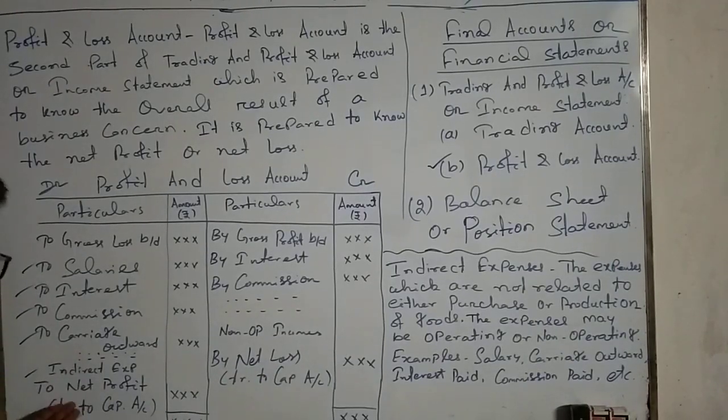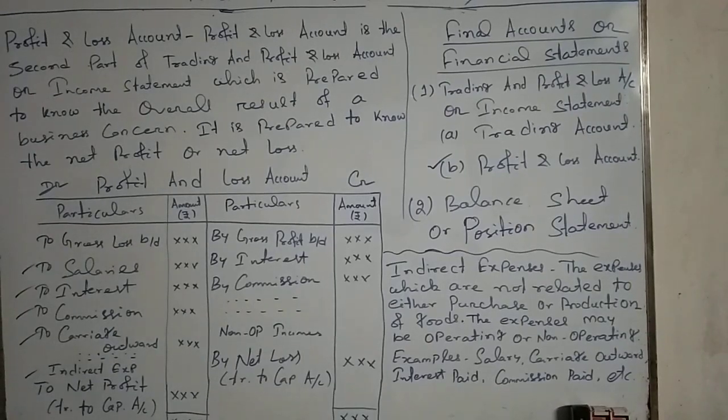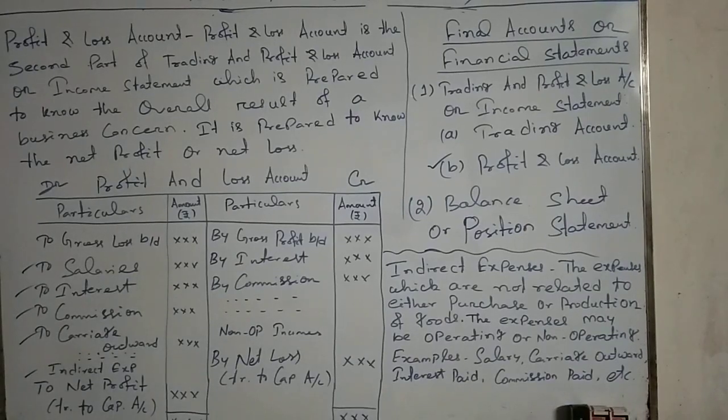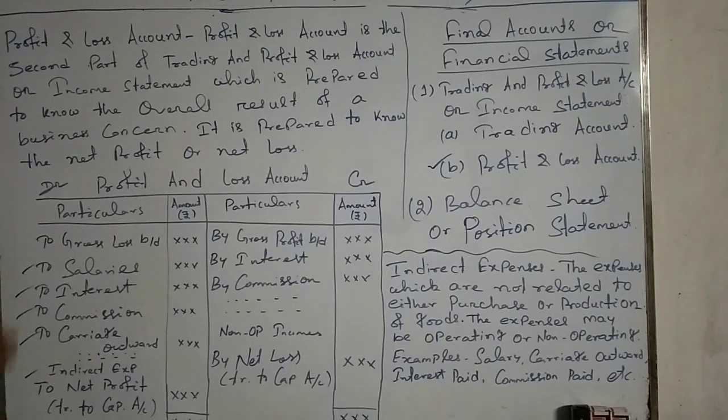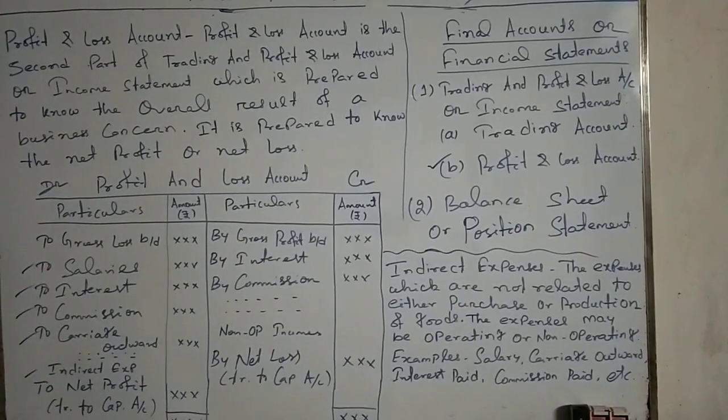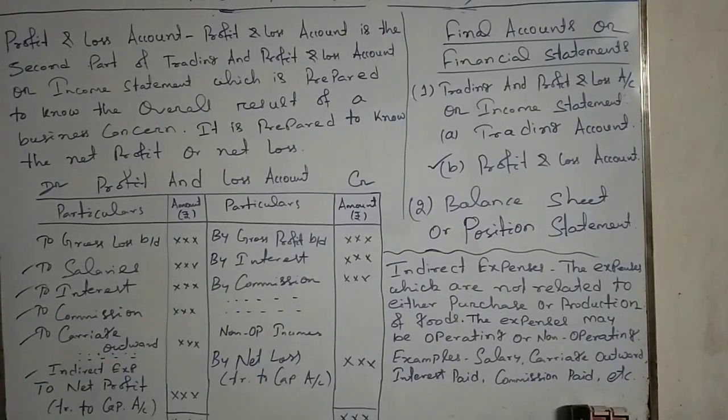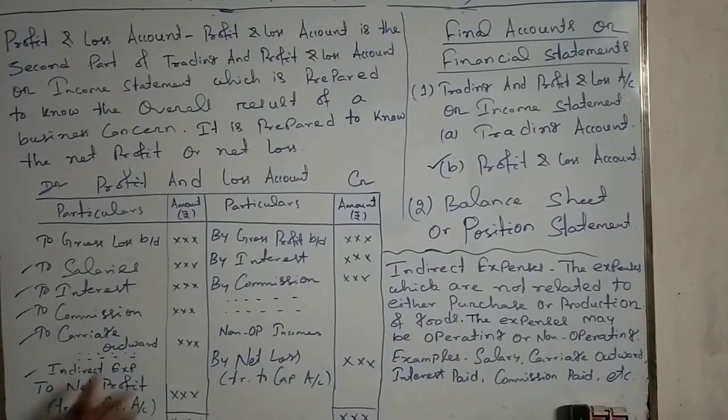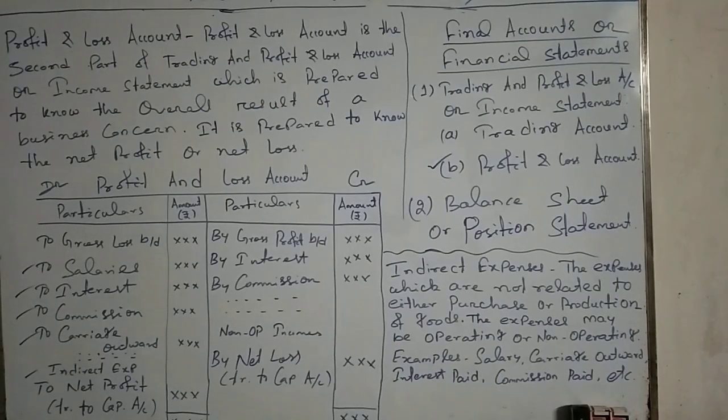Whether net profit or net loss, that belongs to the owner, and it will be transferred to the capital account of the owner. So remember, these are the indirect expenses, and all other incomes are there. They may be operating or non-operating. When you compare, you will get either net profit or net loss.